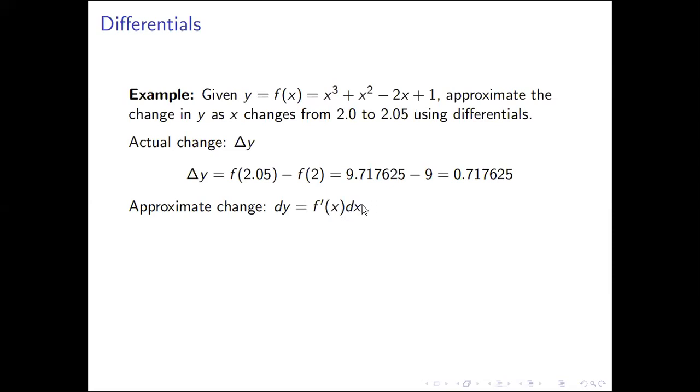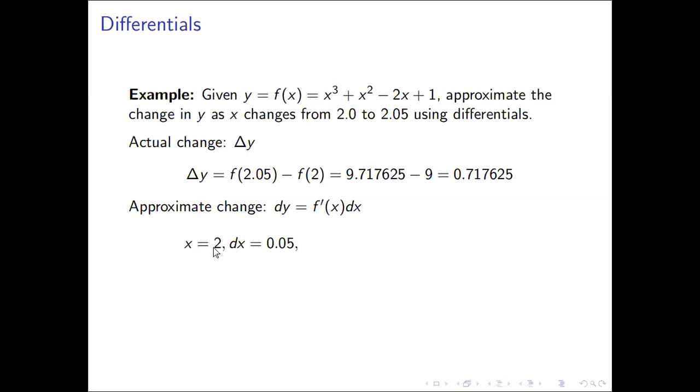And as we have mentioned, dx is just the same as delta x. What is delta x? We know it's the change in x. X changes from 2.0 to 2.05. So if I ask you, what's the change in x? That's very easy. Change in x is 2.05 minus 2, it's 0.05. And that coincides with dx. Again, in the definition, dx and delta x are the same.